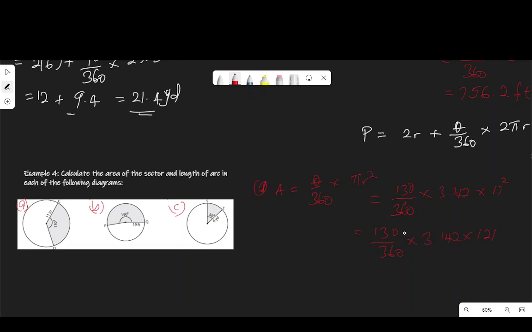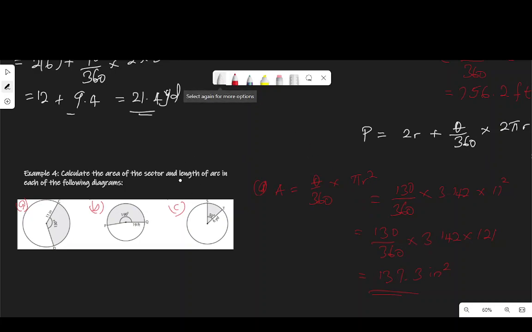Let's plug that into the calculator. 130 multiplied by 3.142 multiplied by 121 and divided by 360. It was 137.3 approximately, 137.3 inches square, is the area of the sector.